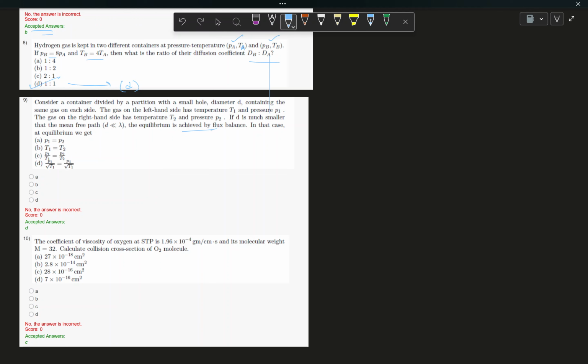So basically the molecular flux that can travel from left hand side to right hand side and vice versa. So when the fluxes are exchanged in such a way that they are balanced, that means flux from this side is equal to flux from the other side, then the system will achieve equilibrium. So that is explicitly mentioned in the question, and on that basis you have to get the condition of equilibrium in terms of pressure, temperature, etc., and choose from these options.